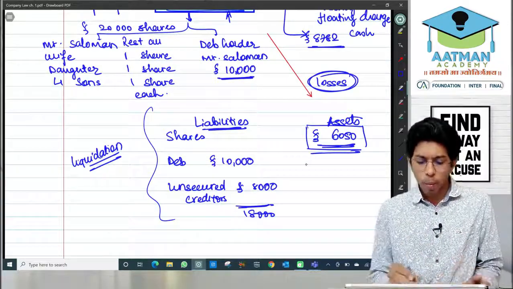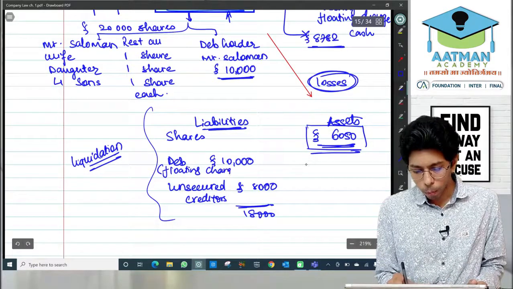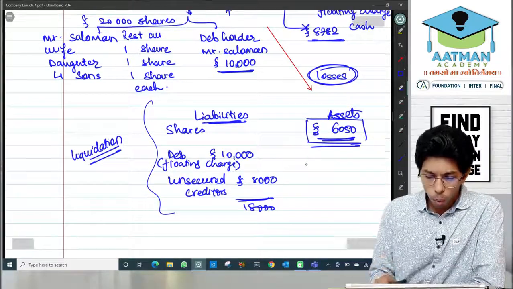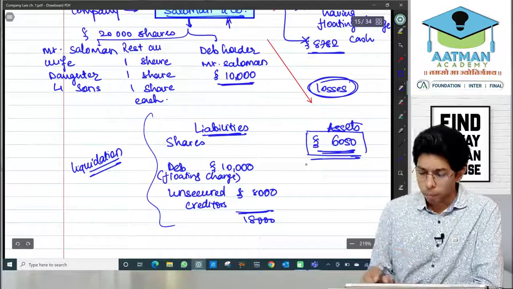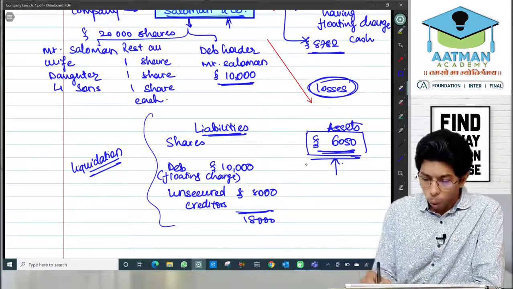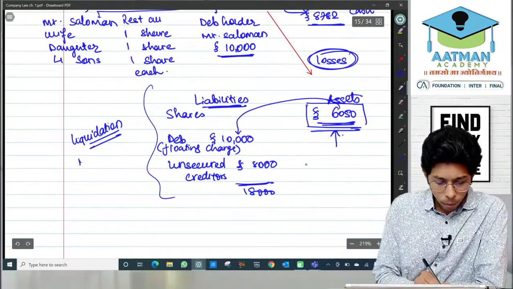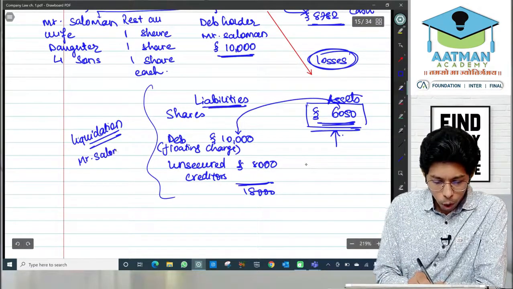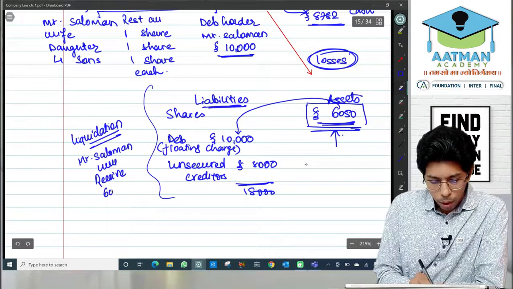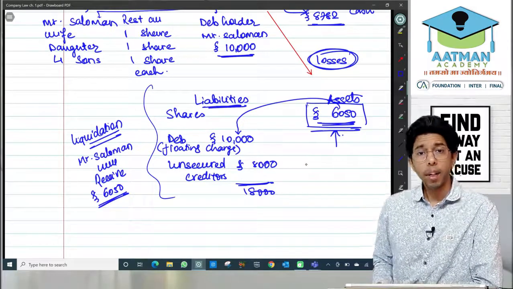We do not have any secured liabilities here, but this floating charge becomes fixed at the time of liquidation. So first priority will go to the debenture holder. The 6050 of assets remaining with the company will go to the debenture holder first. And who is the debenture holder? Mr. Saloman. So Saloman will receive the full 6050 of assets.